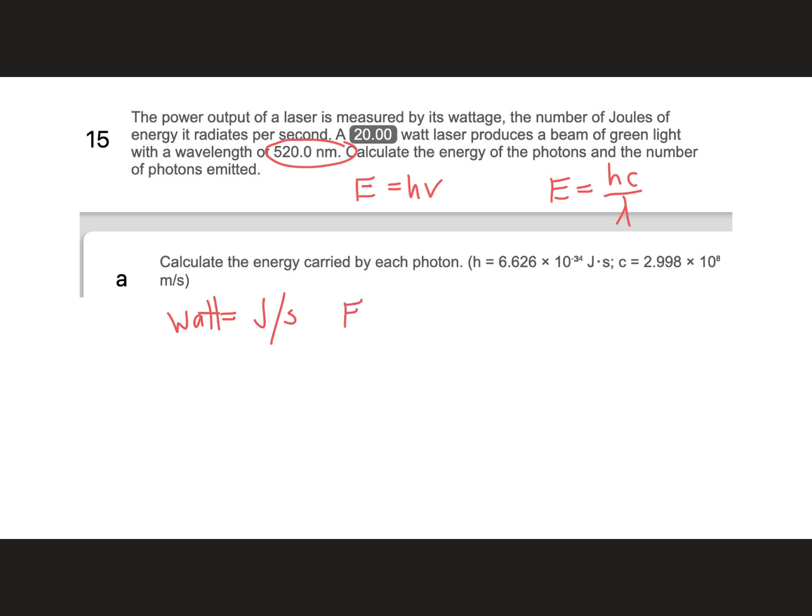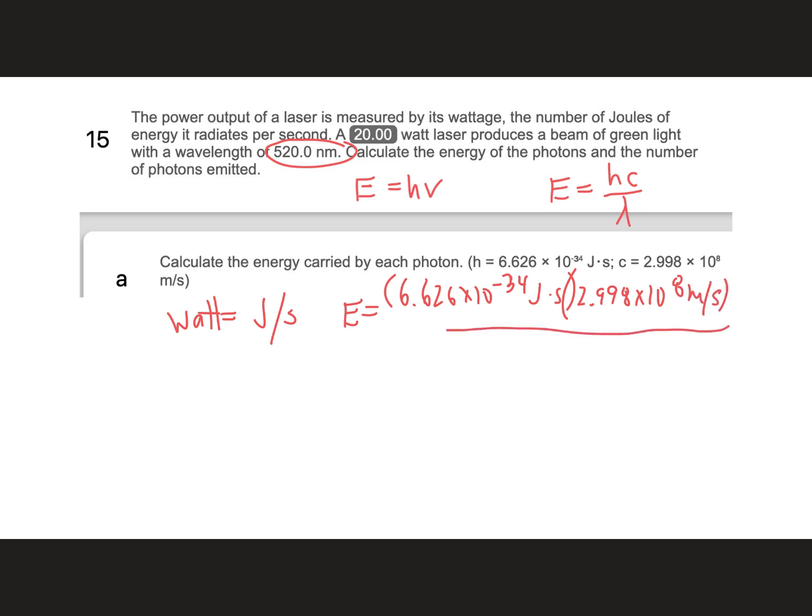So let's start with what we know. We're looking for energy. Energy equals Planck's constant, 6.626 times 10 to the minus 34 joules times seconds, times the speed of light, 2.998 times 10 to the 8th meters per second, all over our wavelength, 520 nanometers.